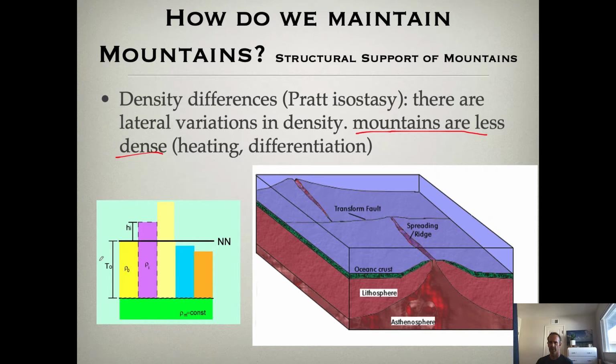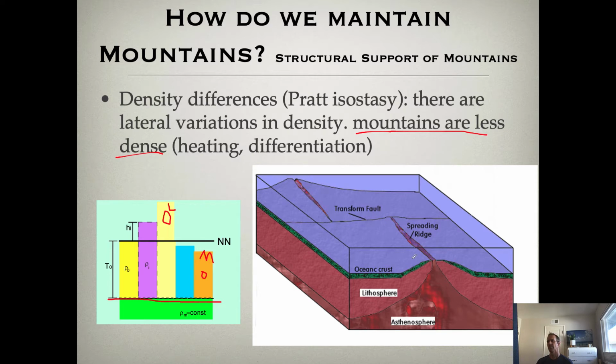This is the model here, and we're seeing that, for example, this yellow block is sitting higher than the orange block, but there is no crustal root down here. They all have the same depth. The difference here would be that the yellow is less dense, and the orange is more dense.